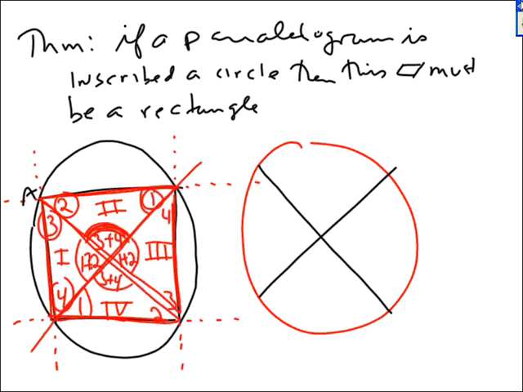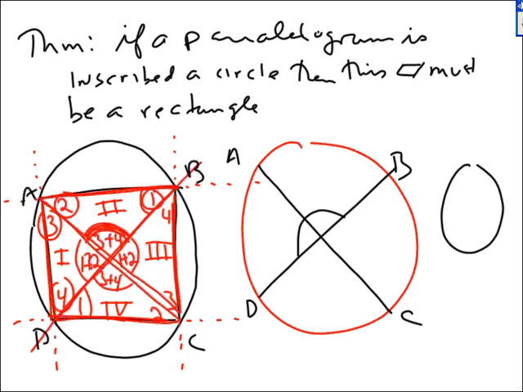So, you have A, B, C, and D. Now, we know that that angle is 180. Now, we don't know that it's crossing the center. Now, remember our little theorem.